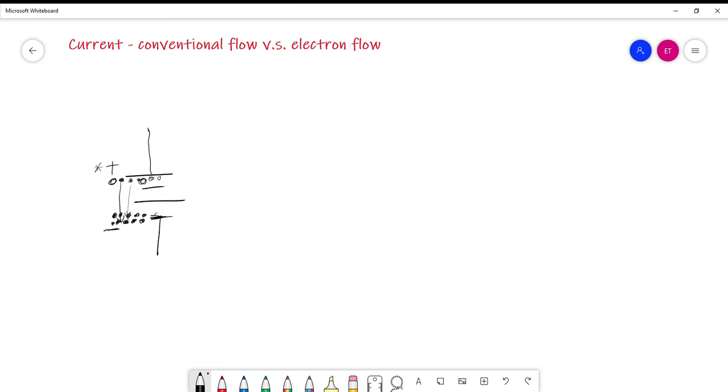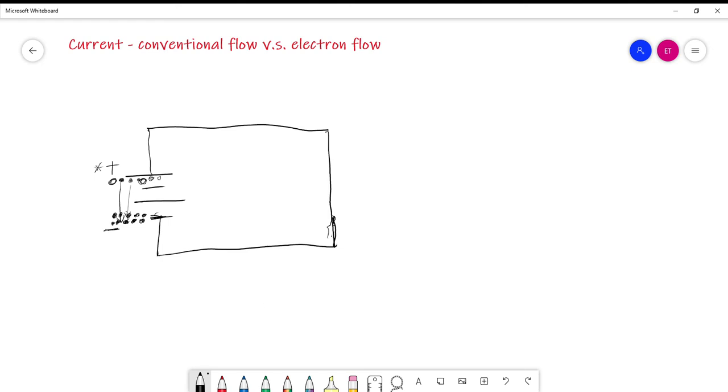Now, if you create a path, let's do it with a wire, a conductor, some type of metal. Metal works well as a conductor, and we'll talk about why down the road in another video. So we have our metal wire.